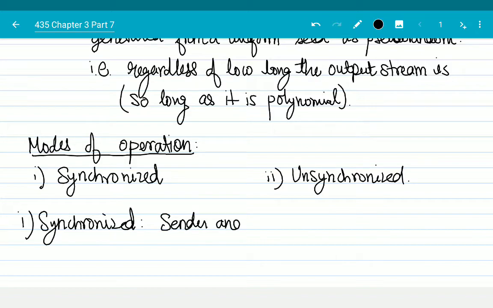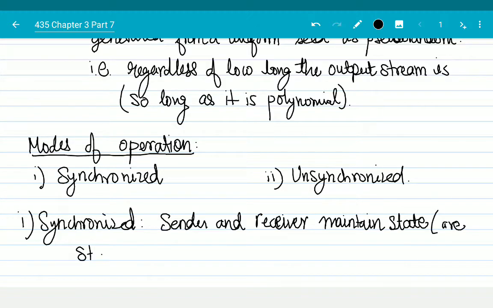Sender and receiver maintain state, which is called stateful, and must be synchronized.